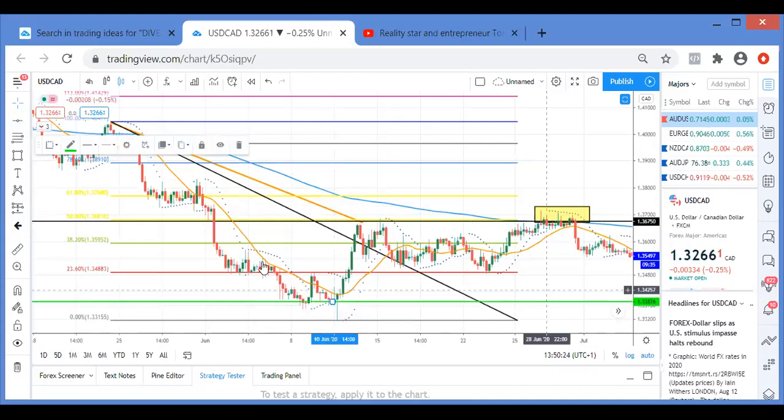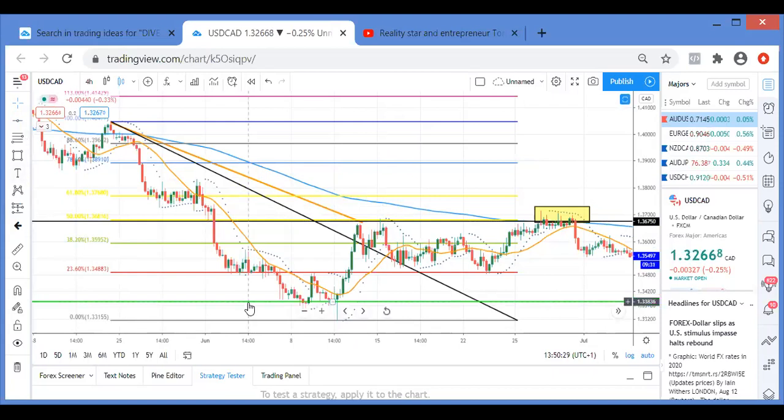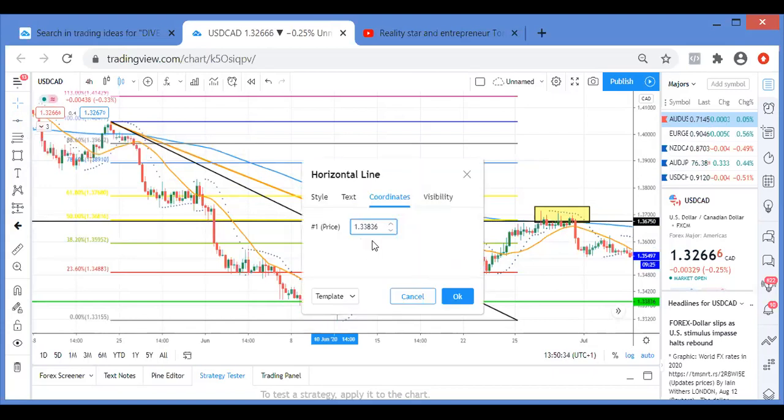So this floor, what we're looking for is the quarter point. What is the nearest quarter point to this, 1.33?